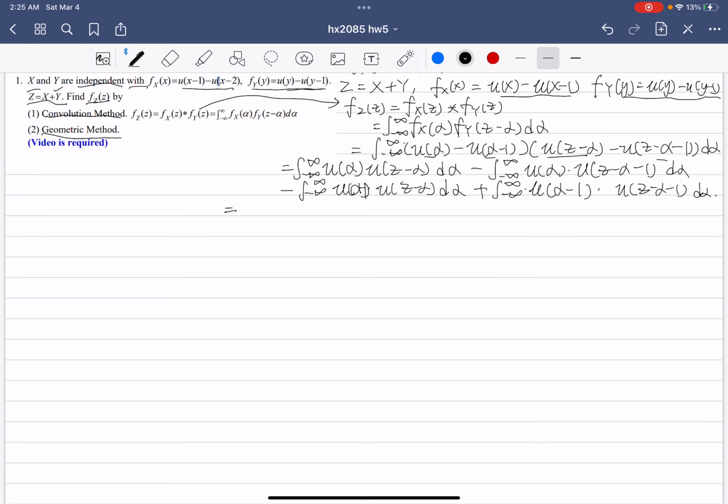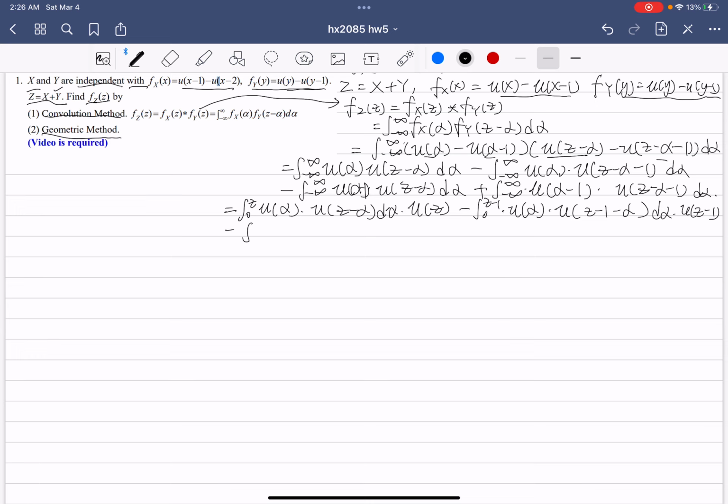So the first part will become the integral from 0 to z of d alpha, times u(z). The second part is similar: from 0 to z minus 1, d alpha, then times u(z minus 1).